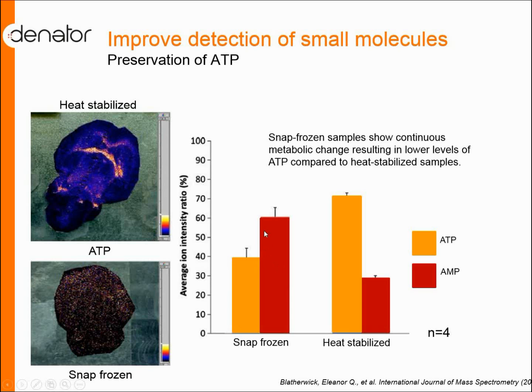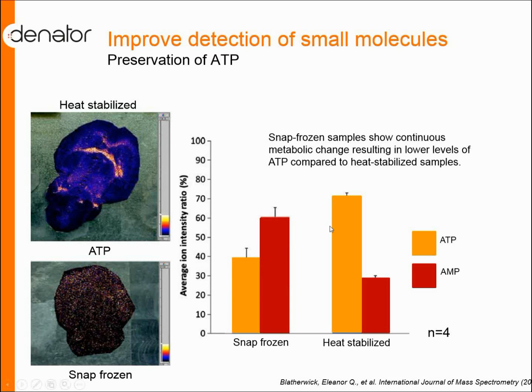If we quantify these and make bar graphs of it, we see that in the snap-frozen sample, and then we also add AMP, the dephosphorylated version, so ATP converts to ADP and then to AMP, we see that the AMP levels are much higher in the snap-frozen sample compared to the ATP, which is what we would expect from a post-sampling condition where you have very low production of ATP.